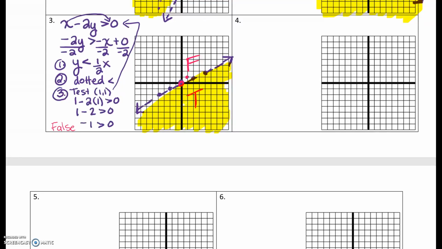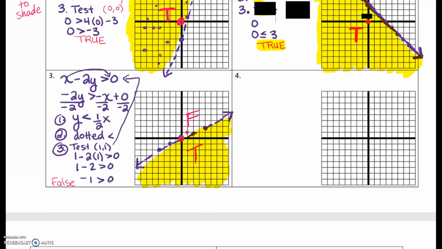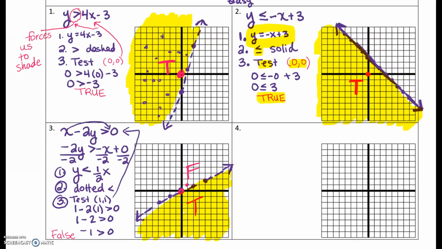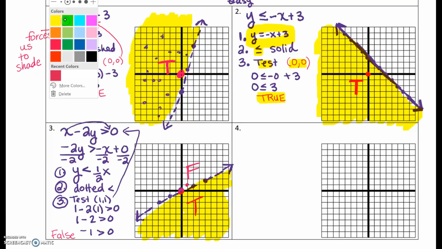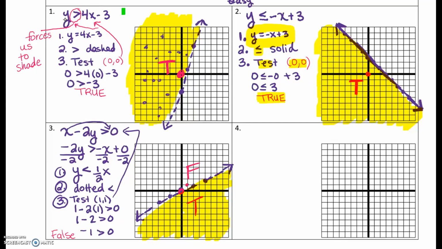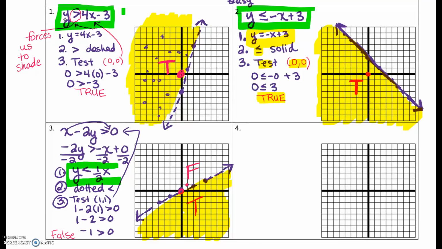Now, I want you to notice a pattern. I have tested all 3 of these, and in all 3 we have tested a point. Well, now I'm going to show you somewhat of a shortcut. If you notice, this equation was in slope-intercept form, this equation is in slope-intercept form, and we put this equation in slope-intercept form.